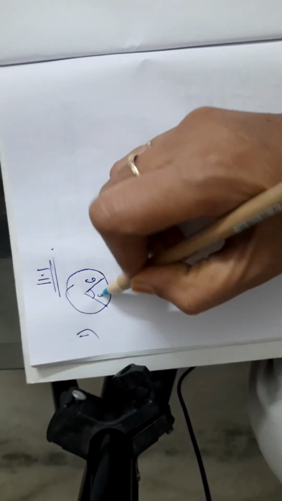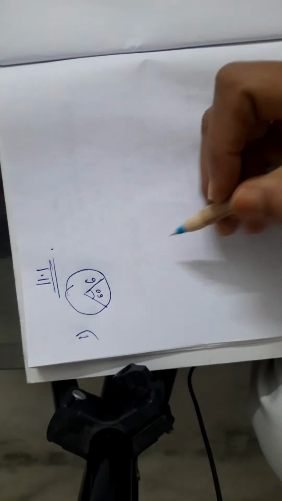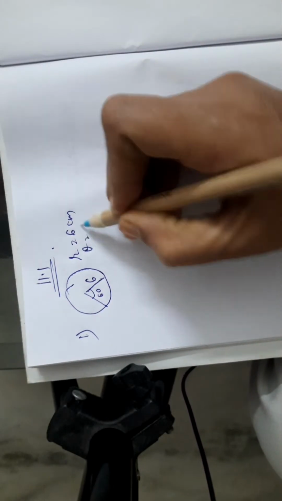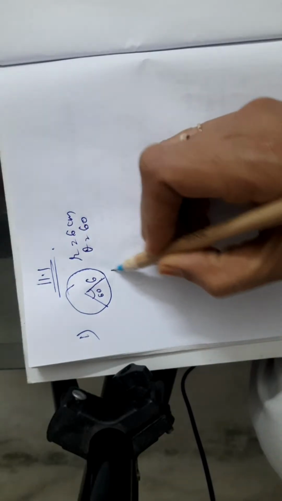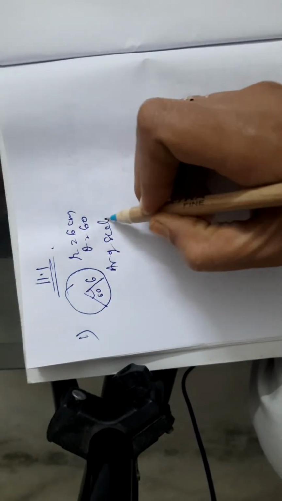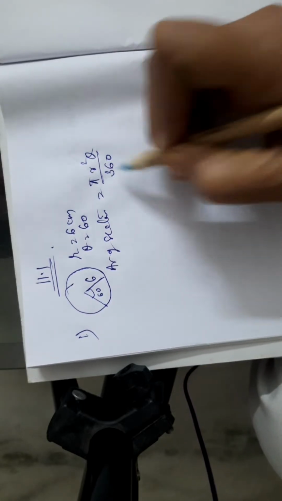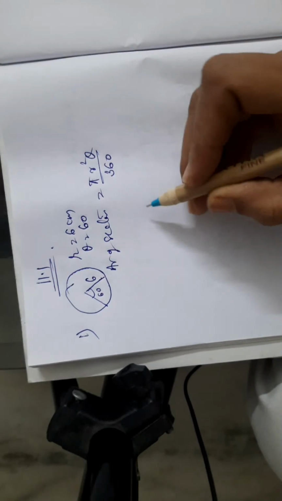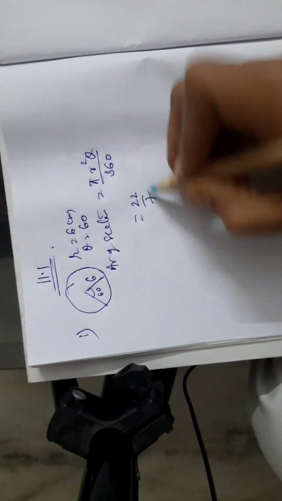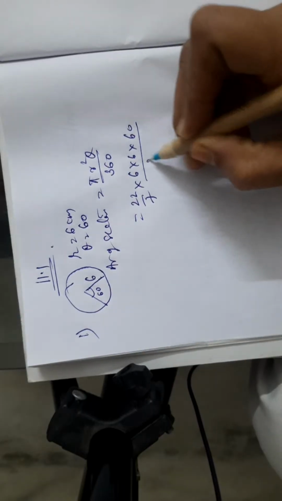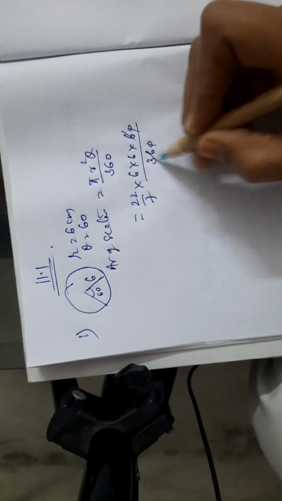This kind of question will be quite simple, as it is directly formula based. Radius 6 centimeter, theta 60. We need to find the area of the sector. Formula: pi r square theta by 360. Here pi is given as 22/7, radius is 6, theta 60 whole divided by 360. 6 got cancelled.